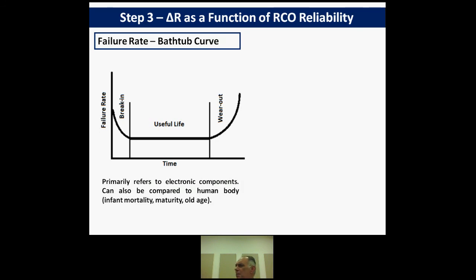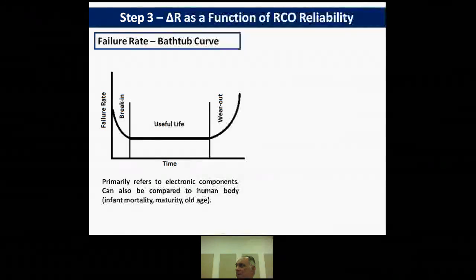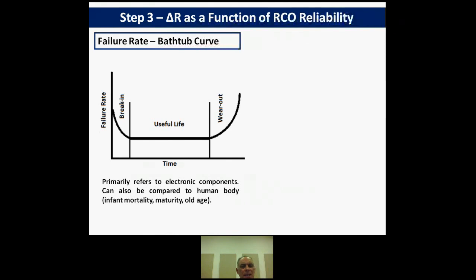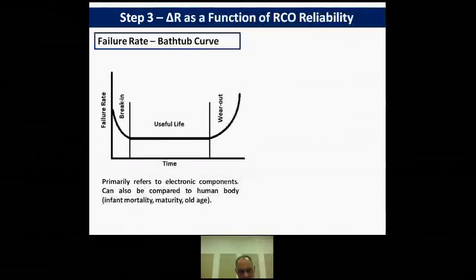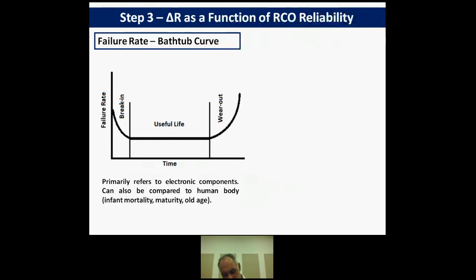This is not subject to maintenance, by the way. In other words, you can apply as much maintenance as you like, but you still have a very high rate of failure when the item or the system, to be more specific, whether the system is the whole ship or some individual part of it, goes beyond so-called repair, or it's not worth repairing anymore. So we have to abandon it and we send it for scrapping.